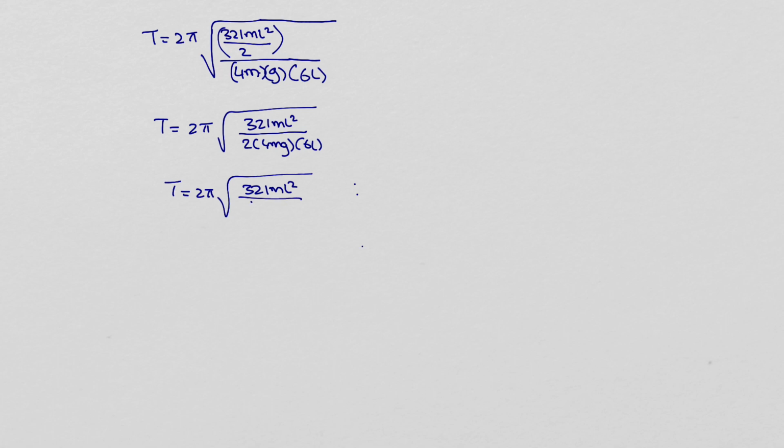So 8 times 6 is 48 mgL. And m will go into m once, L will go into L squared, L times. And that leaves us with the periodic time for the compound pendulum to be 2 pi times the square root of 107L over 16g.